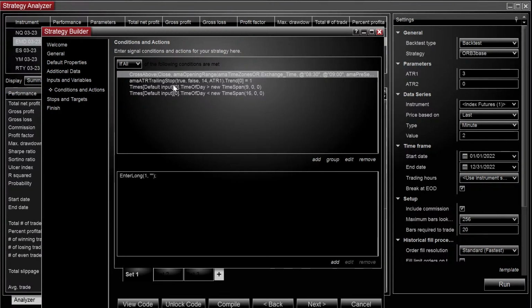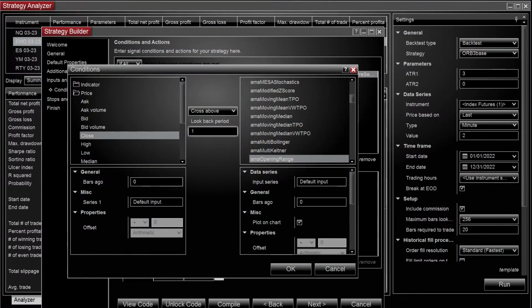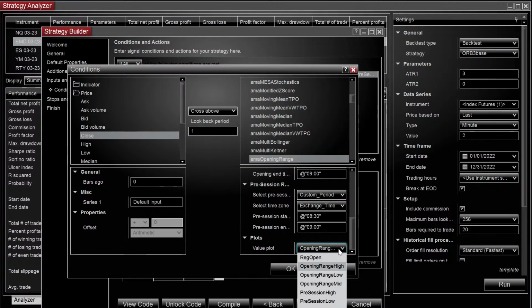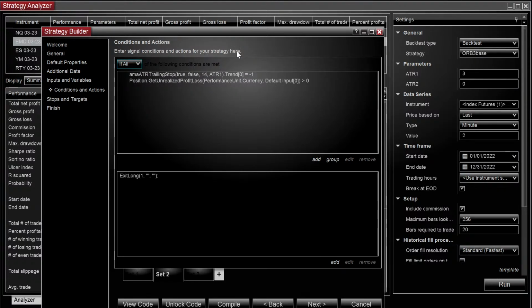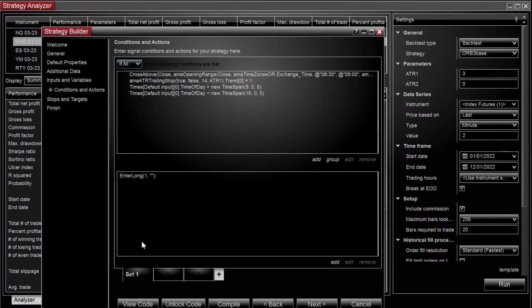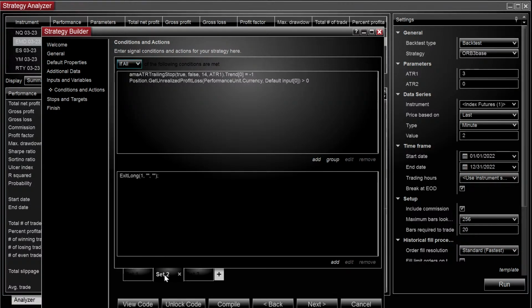So price crosses above the opening range high. 1-9-16, my bad, y'all know what that means. Have a time filter from 9 a.m. to 16, to 4 o'clock, my time zone, obviously.